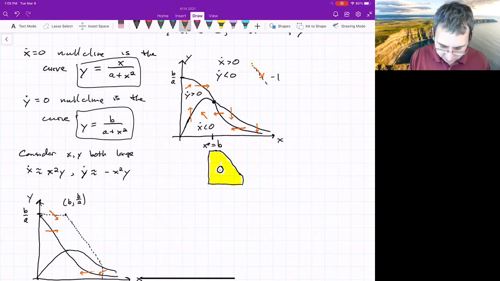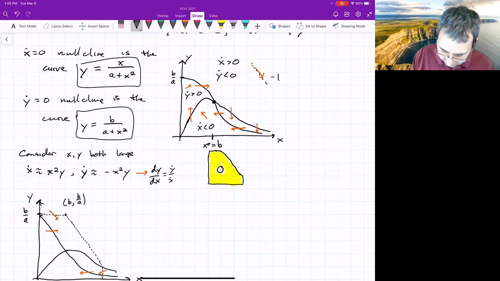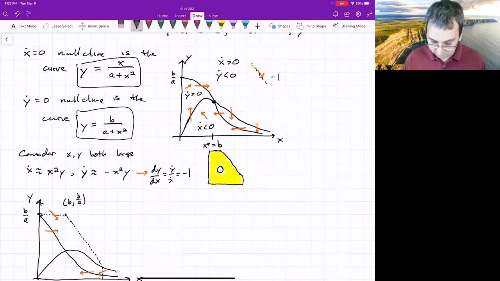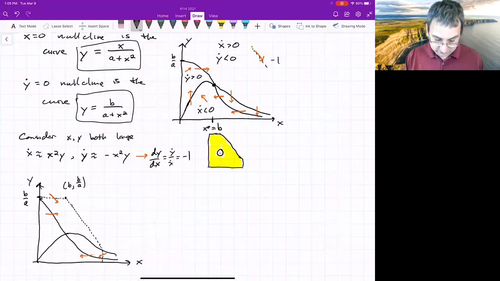Like we showed for large x dot and y dot, we get that dy over dx, that's y dot over x dot, is -1. What about for smaller values? In particular, we want to know, are things pointing inward along that diagonal line that I've drawn? So we can compare the magnitude of x dot and y dot.